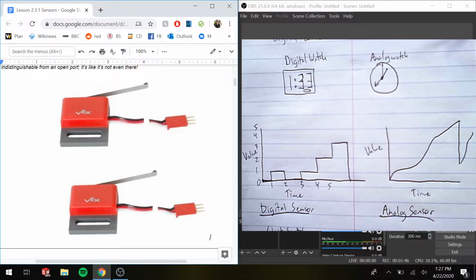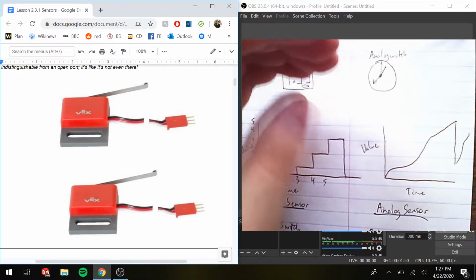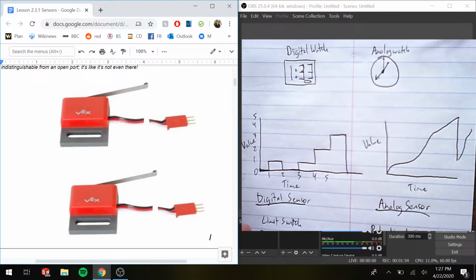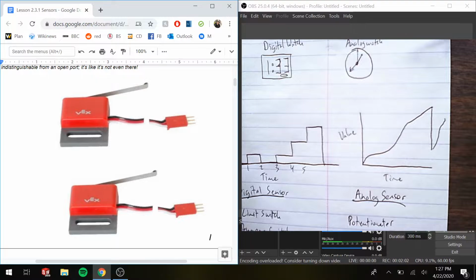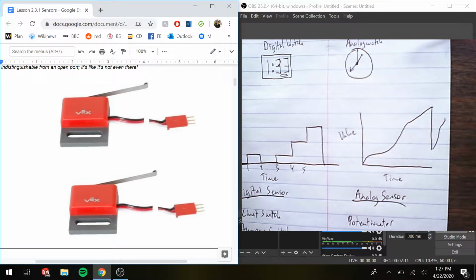So you could have a digital sensor that only reads 0, 0.5, 1, 1.5. That's rare, but it's possible. That's still a digital sensor because it senses as a step function. Whereas an analog sensor, its value curve looks like, well, a curve instead of a step function. You get a range of values. You get decimals. You get hundredths, thousandths in your sensor values.